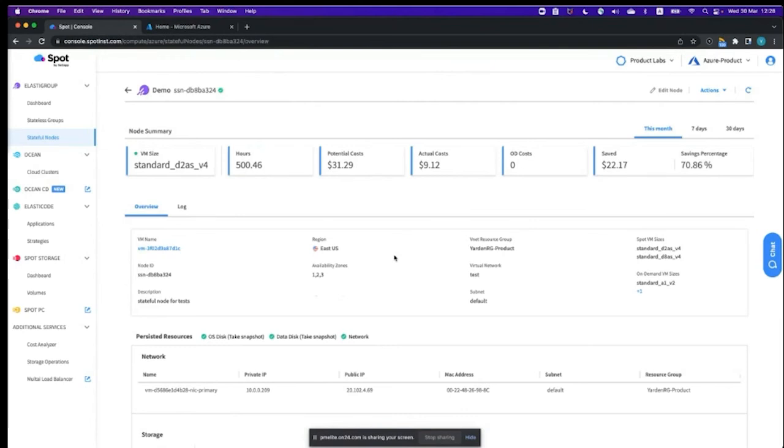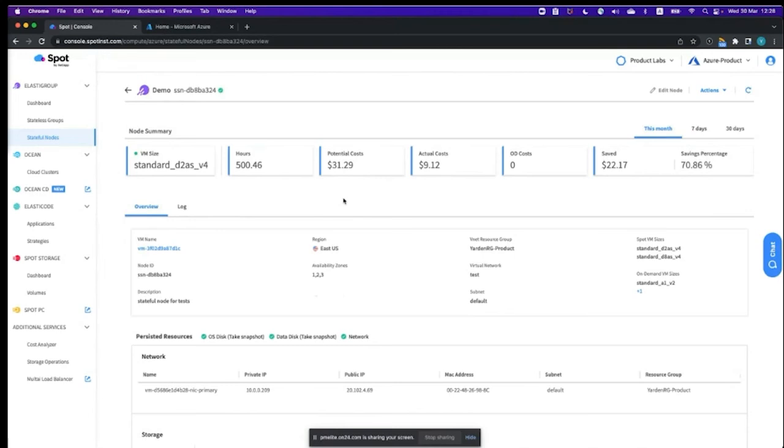Is that correct? Absolutely, you're correct. When you move from one availability zone to another, and you have your data persistency available, we are taking the snapshot and creating new disks for you in the process without you even noticing.